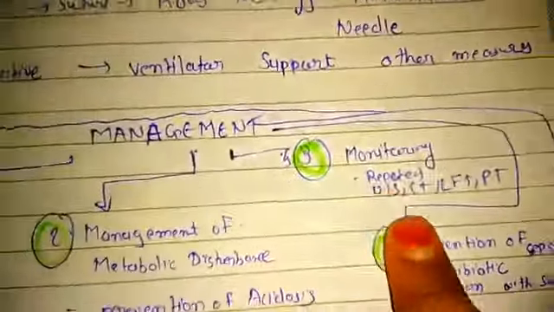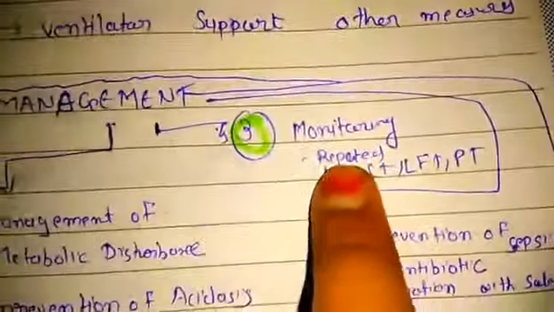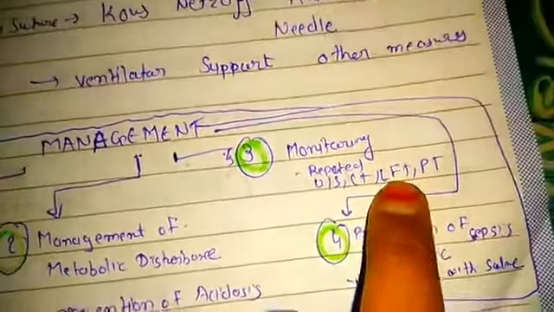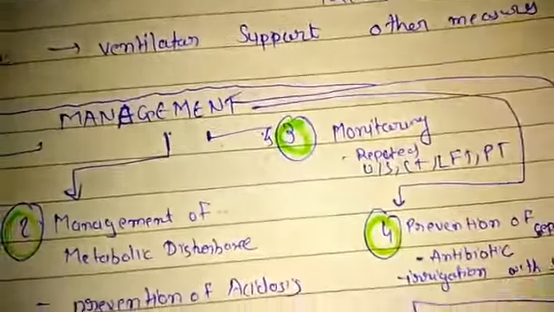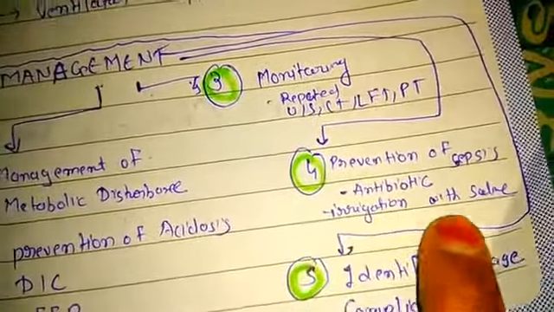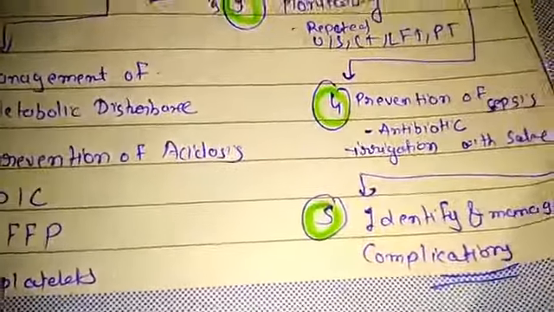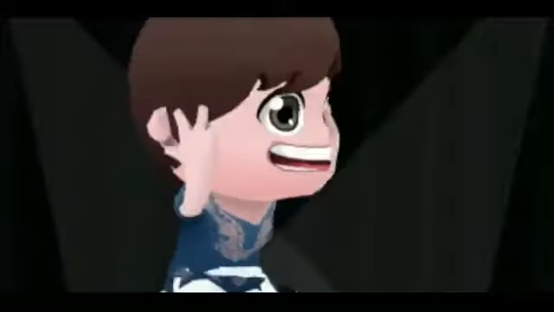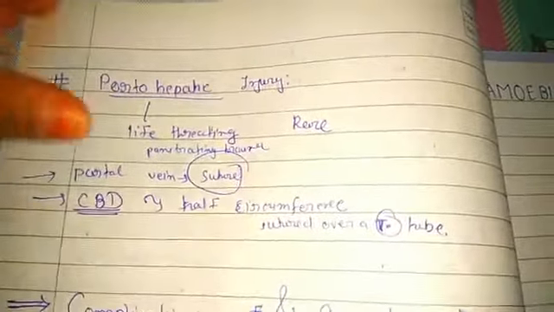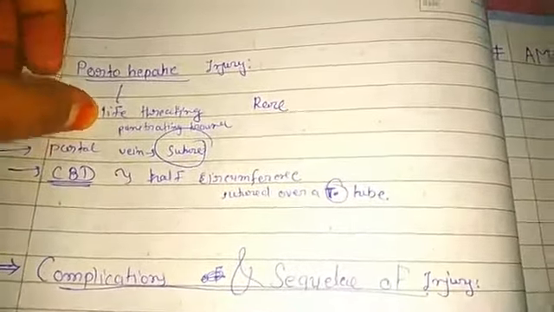Then monitoring with repeated ultrasonography, CT scan, liver function test and prothrombin time. Then prevention of sepsis with antibiotics or irrigation with saline. Then identify and manage the complications. If a portohepatic injury is there, it is very life-threatening, but it is rare.